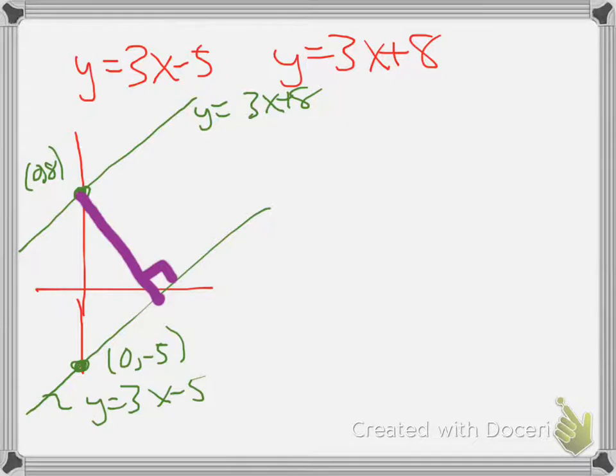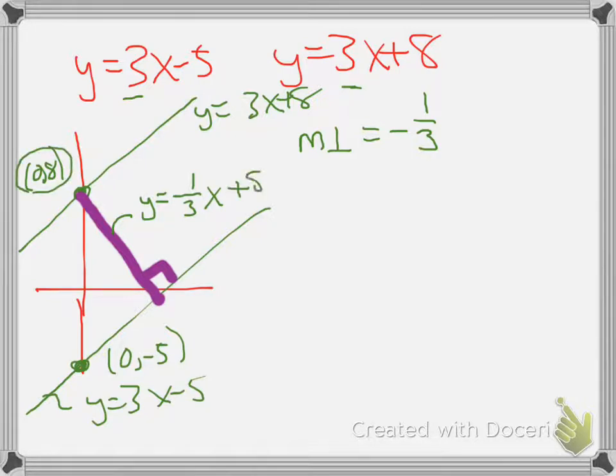Well, the slopes of our lines are 3. Okay, it's the coefficient of x. So the slope of the perpendicular, m perpendicular, is the negative reciprocal of that. It's negative 1/3. Okay, so my perpendicular line here has equation y equals negative 1/3 x, and it has the same y-intercept as the top line, 0, 8, so plus 8.